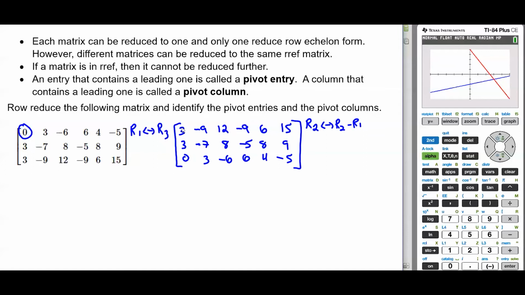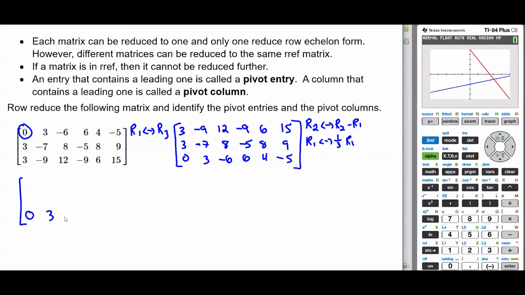And I'm going to make this a 1 eventually, but it's already a 3 and this is a 3. So if I subtract those, I'll get the 0 right here that I want. So I'm just going to take row 2 and subtract row 1. And how about we go ahead and divide row 1 by 3 next. So I'll replace row 1 with 1/3 row 1.